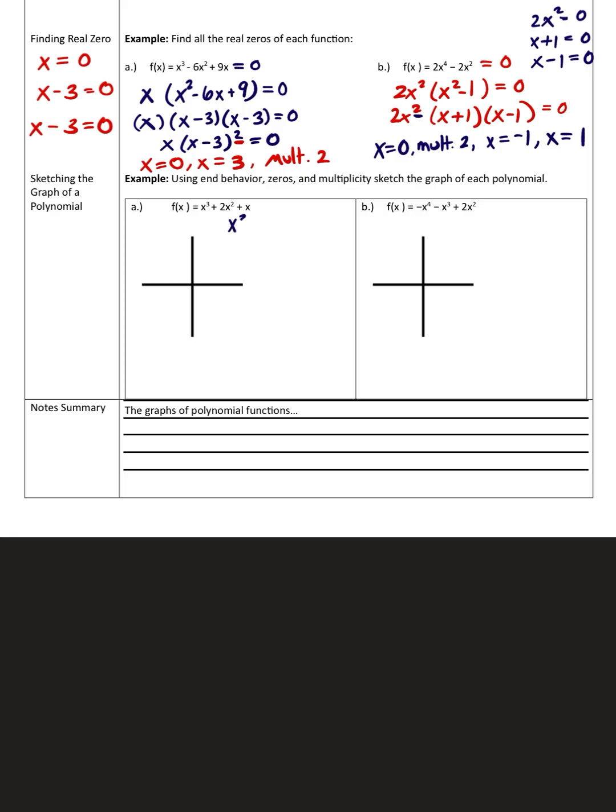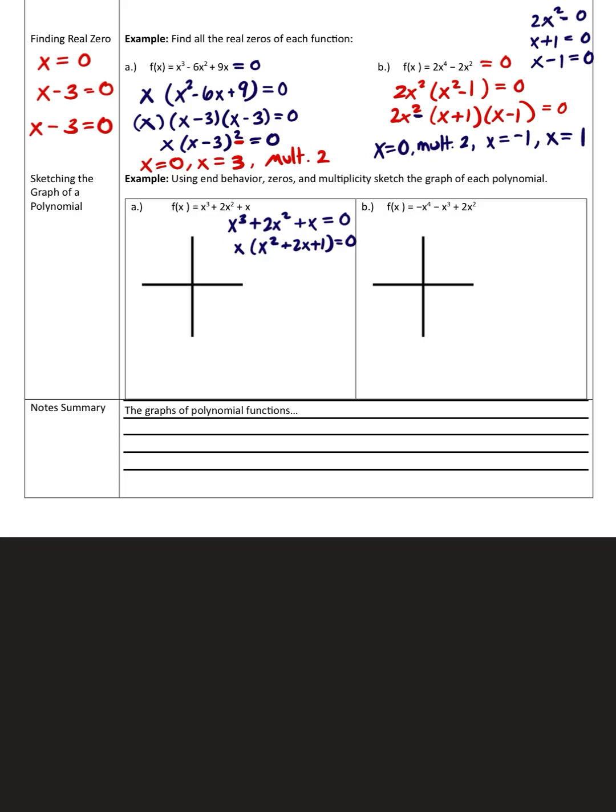So I'm going to take x to the power 3 plus 2x squared plus x equals 0. I can pull an x out of each of these because each term has at least one x. So that leaves me with x squared plus 2x plus 1 equals 0.